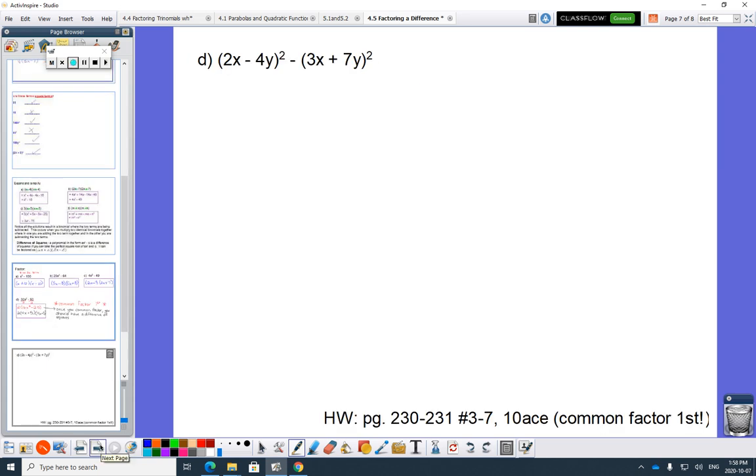Okay, so this is the one that I said was a little bit gnarly, okay? So if we square root this and square root this, then we need the plus and the minus version of it, right?